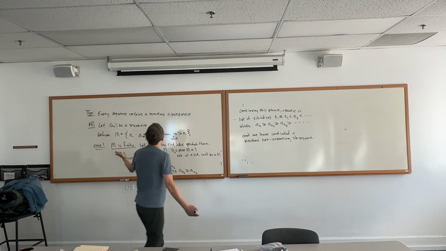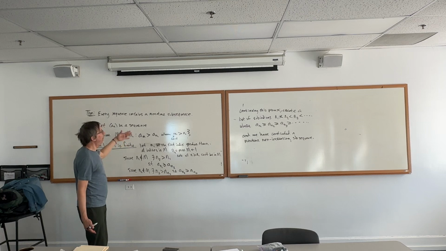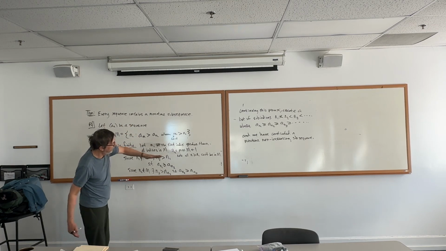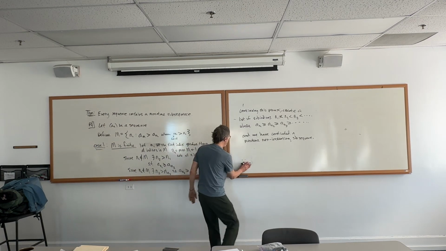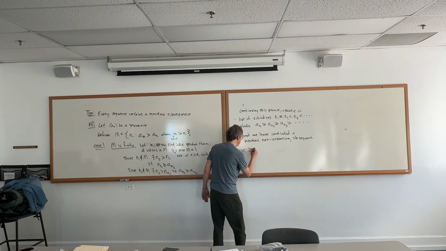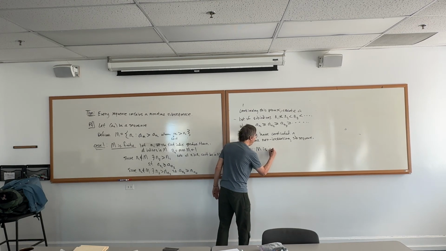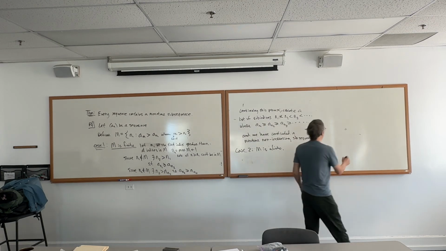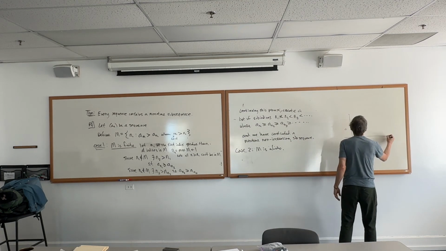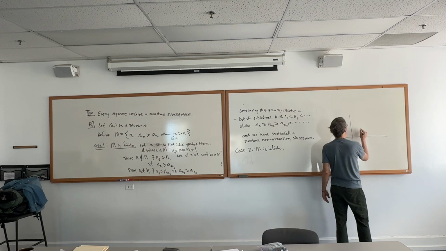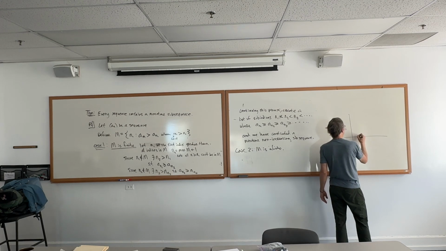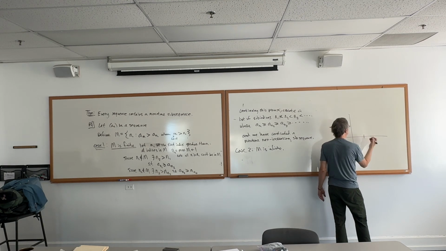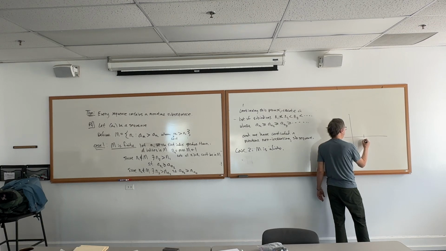That's case 2. So case 1, when M is finite, we have a non-increasing monotone subsequence. Case 2, M is infinite. Remember what that looked like. When M was infinite, that meant that at some point, well, I can't put the end of M because it's infinite.